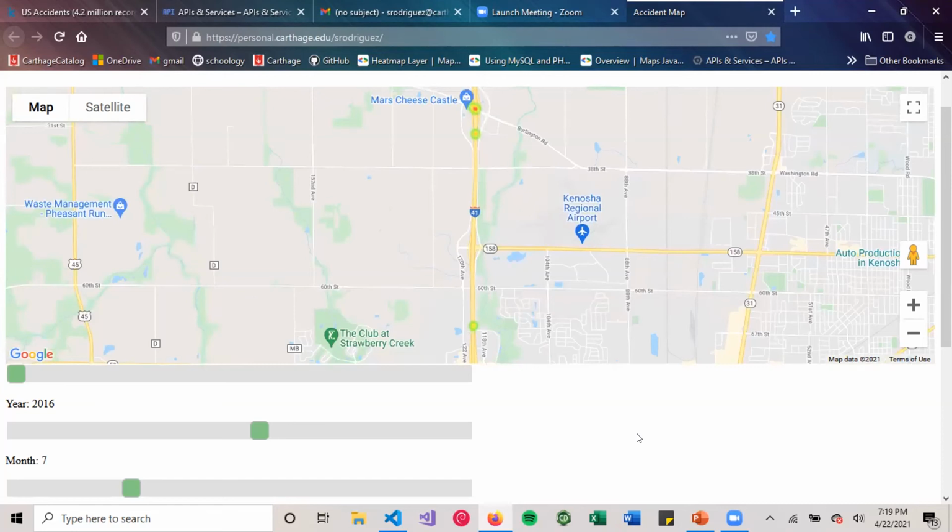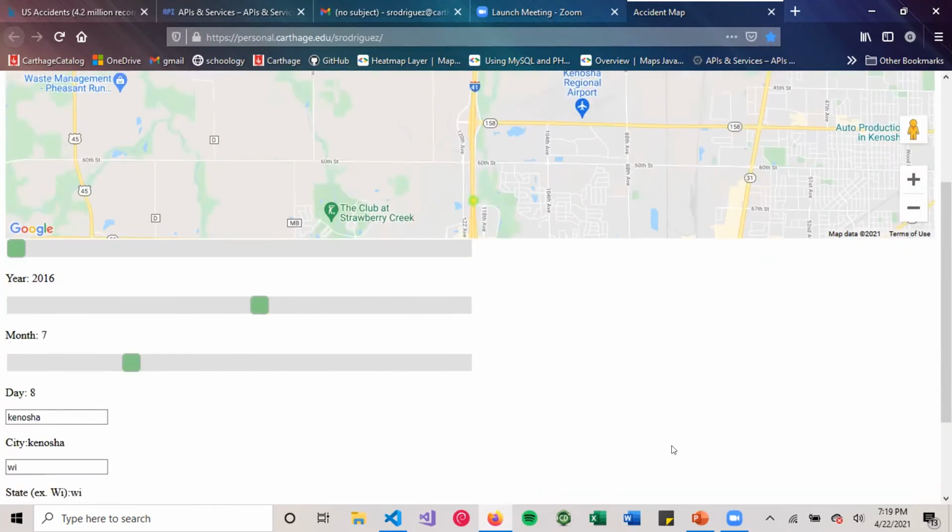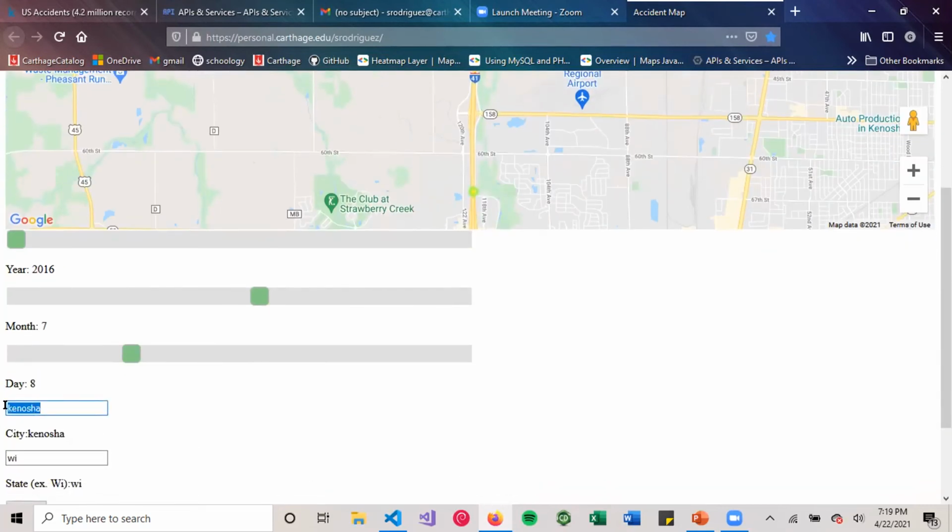Maybe making a bigger red dot or a red circle around that might have made it easier to see where they all were. Can you try something like the city of Chicago, so we could see more?